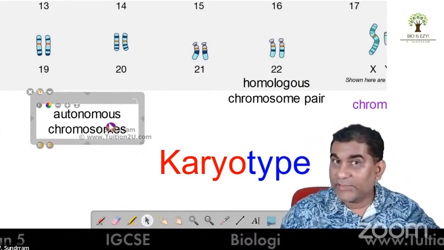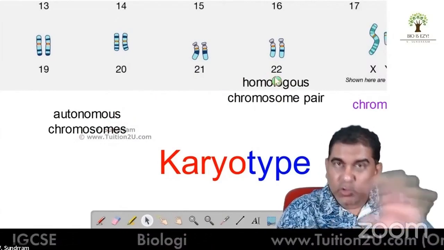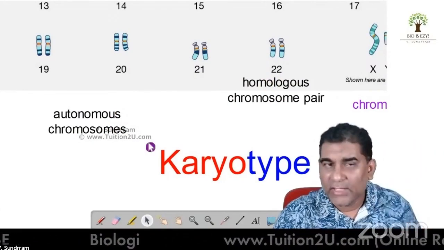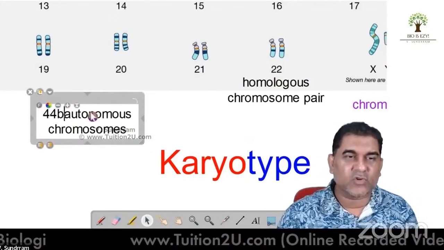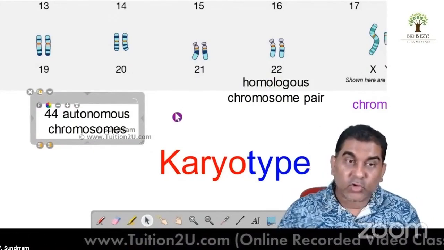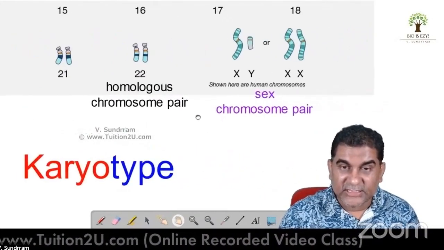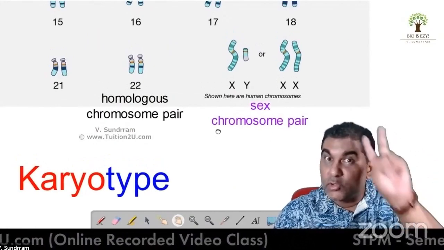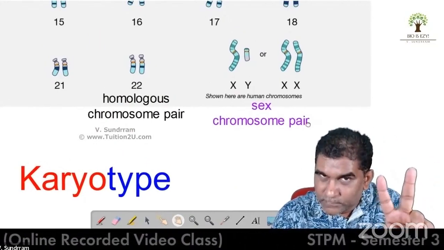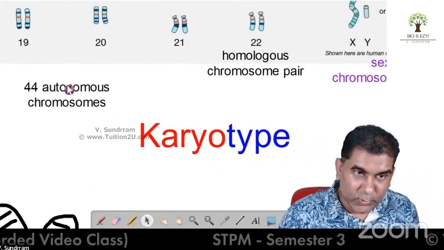The other 22 pairs, ada 22 pasang. 22 pasang means 44. We have 44 autosomal chromosomes. Why autosomal? Because they don't decide the gender. 2 sex chromosomes, 44 autosomal chromosomes.